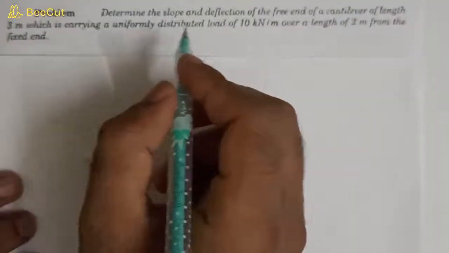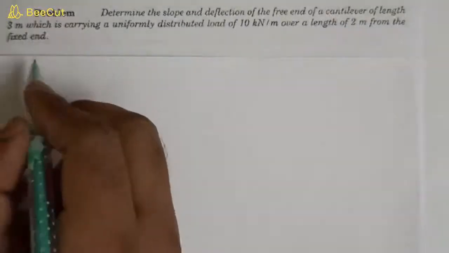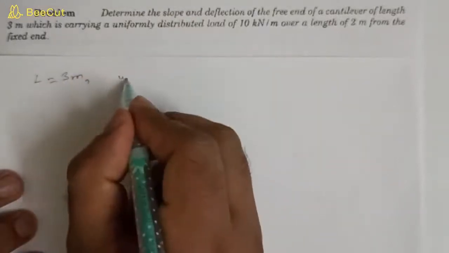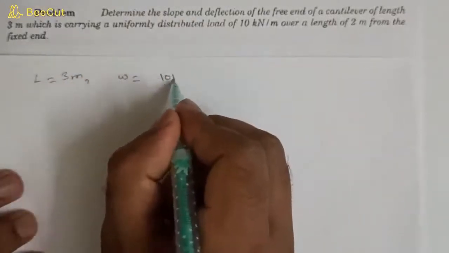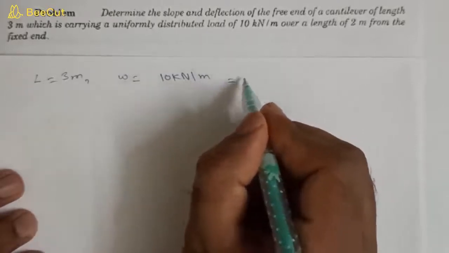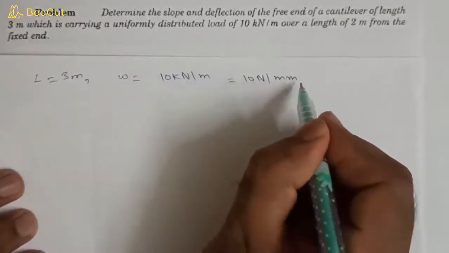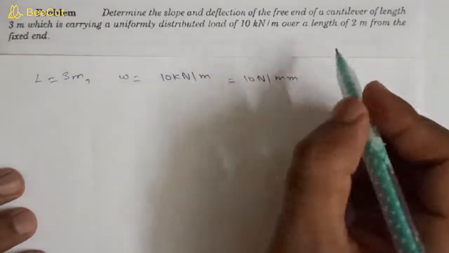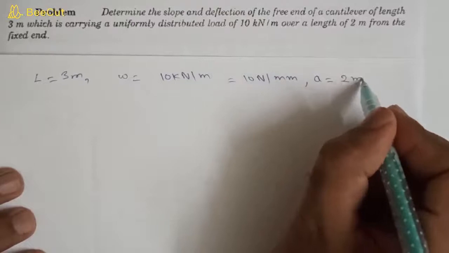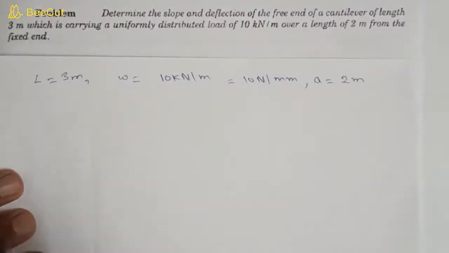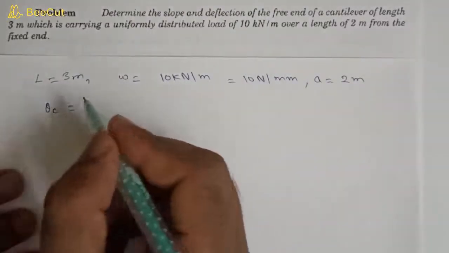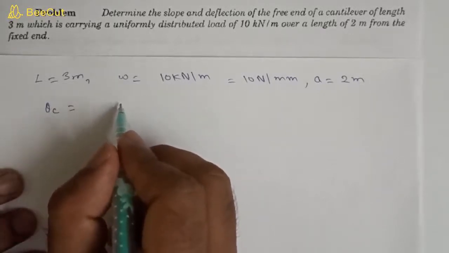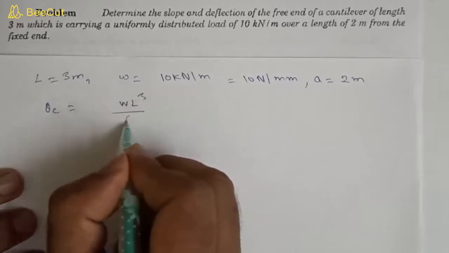Now in the problem it is given that L is equal to 3 meter, W is equal to 10 kilonewton per meter, which is equal to 10 Newton per mm, and A is equal to 2 meter. So we already have the formula, theta C is equal to WA cube divided by 6 EI.